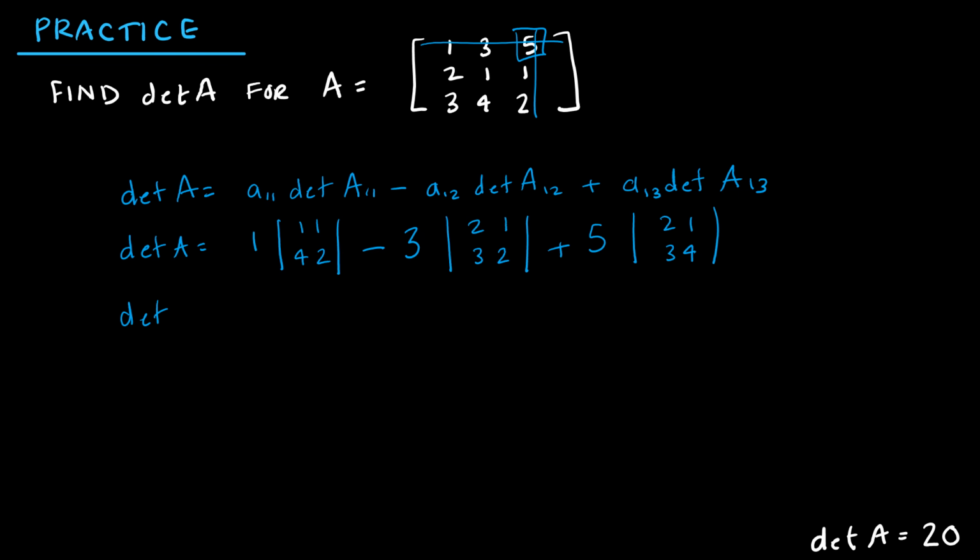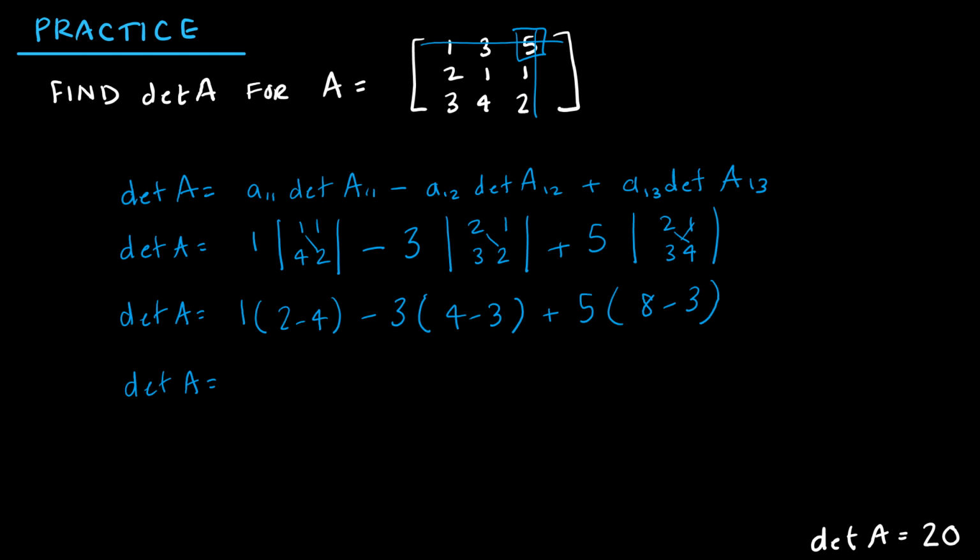So that means the determinant of A is 1 times 2 minus 4, minus 3 times 4 minus 3, plus 5 times 8 minus 3. So the determinant of A is 1 times negative 2, minus 3 times 1, plus 5 times 5, which is negative 2 minus 3 plus 25.